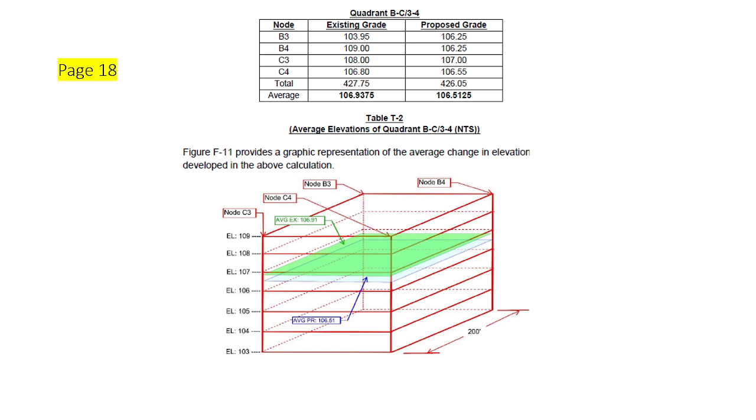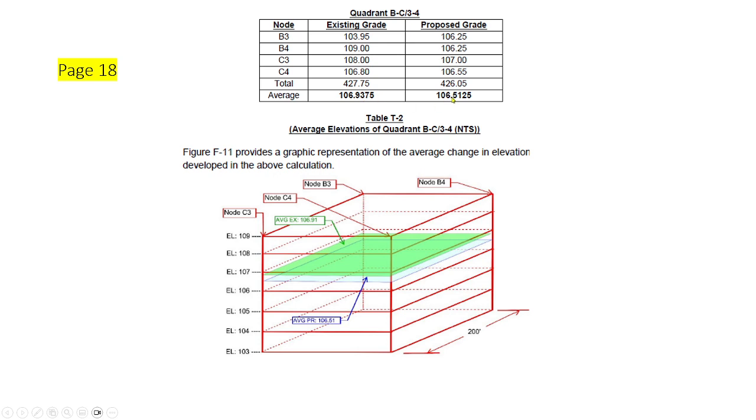Let's see. This is the average of the existing grades of node B3, B4, C3, and C4, right? This is the total. This is their average. So that's the average existing.